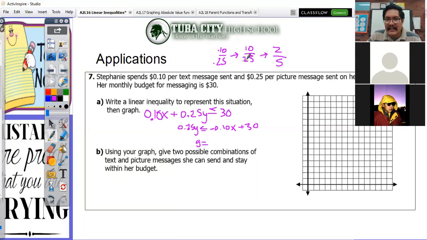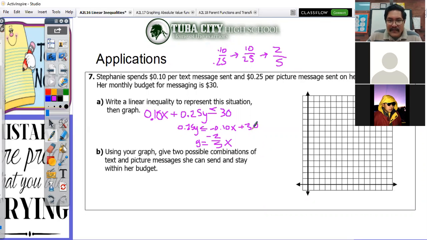Now I'm going to go ahead and simplify it like I do. So 10 and 25 can both be divided by 5. So 10 divided by 5, 25 divided by 5. And that will reduce that. So now we have 2/5 x. Now in this case I ignored the negative just to work with here, but that would be a negative 2/5 x.